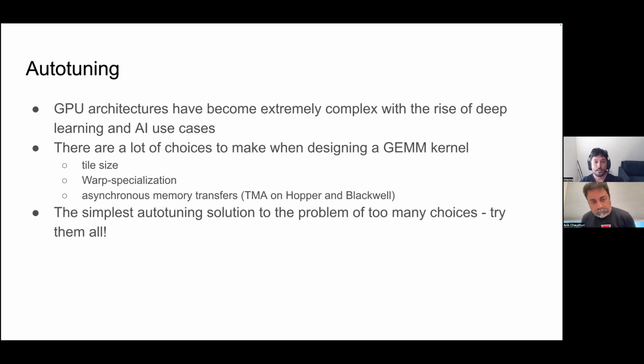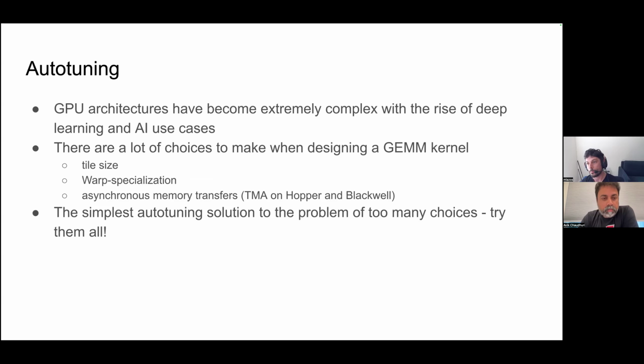Another choice you can make is called warp specialization. This is a feature introduced by NVIDIA, which allows finer grain control over groups of threads on the GPU. Before, all of the threads in a specific warp, which is a group of 32 threads, would have to perform all the same steps. So they'd have to all be doing compute or all be doing a memory read. Now different warps can cooperatively solve a task in the kernel.